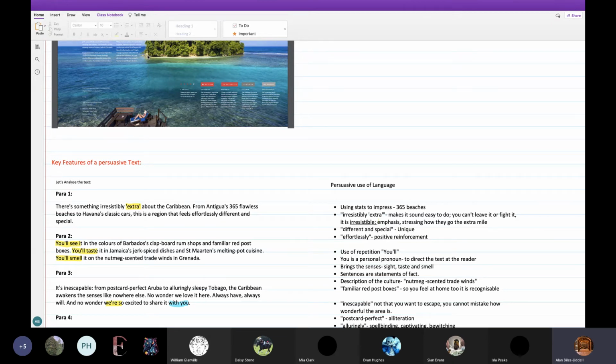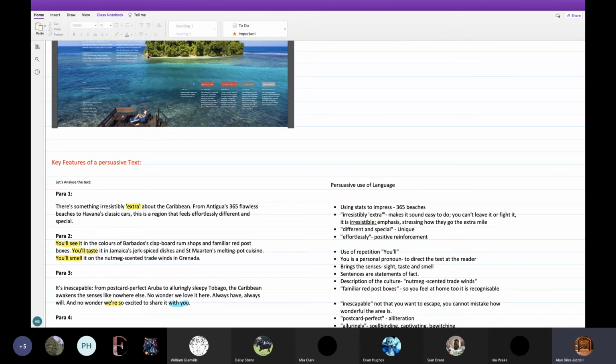Now, thinking about tomorrow's lesson, we're going to start using these breakout rooms, because you're going to be given a task, and I will put you into groups, which I think will work, because I know most of you quite well. You're going to be creating a little advertising text of your own, in which you're going to have to sell something.